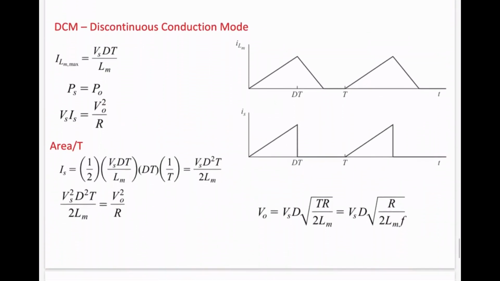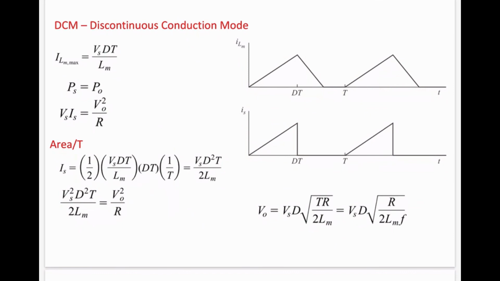Now let's look at the discontinuous mode. As we have already seen, if our inductor current becomes 0 before the start of the next cycle, then it is the DCM. So our magnetization current becomes 0. We have already seen the expression for the change of current through the magnetization branch.